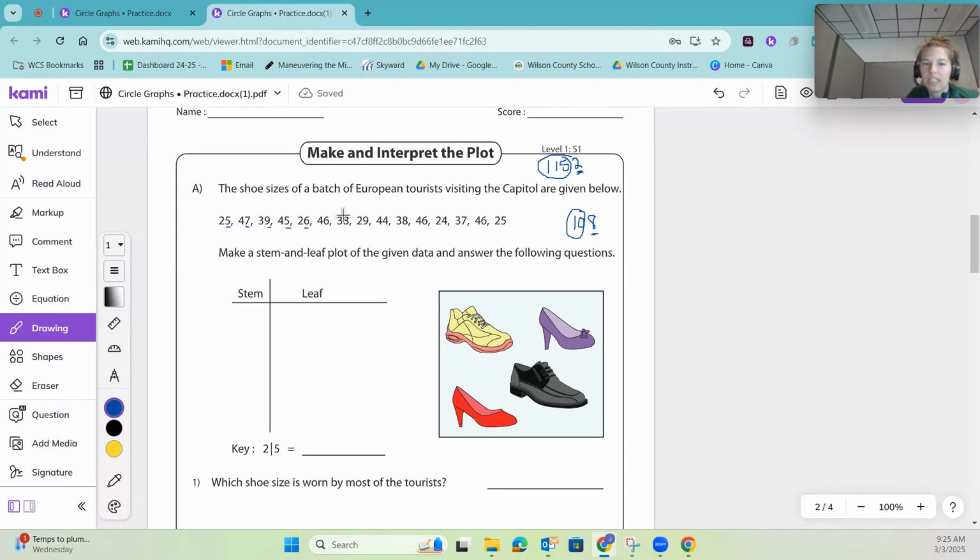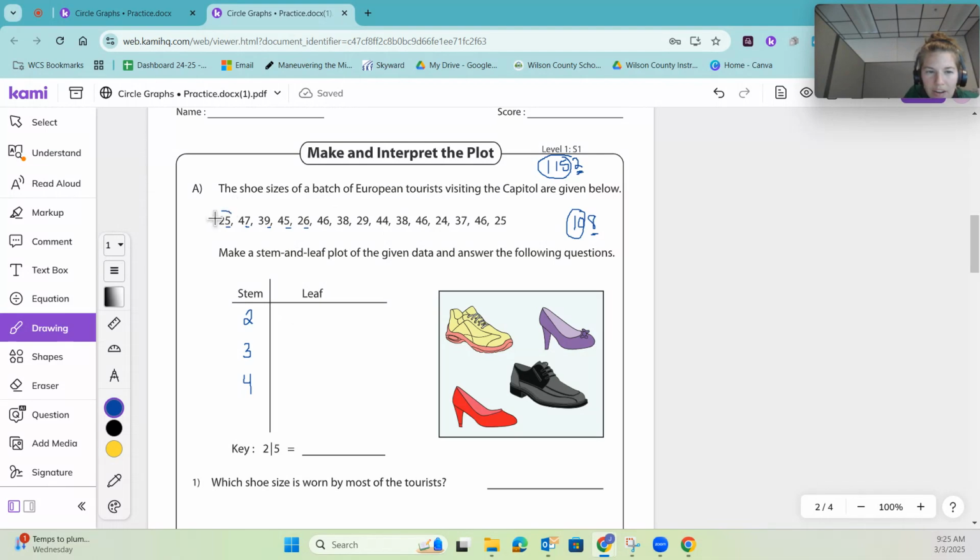Okay, so let's take a look at what this looks like. We're going to look at all of our stems, so we're in the 20s, 30s, 40s. I don't see any 50s, so we're going to do 2, 3, and 4 as our stems, and those represent 20s, 30s, and 40s. And my leaves do need to go in order from least to greatest.